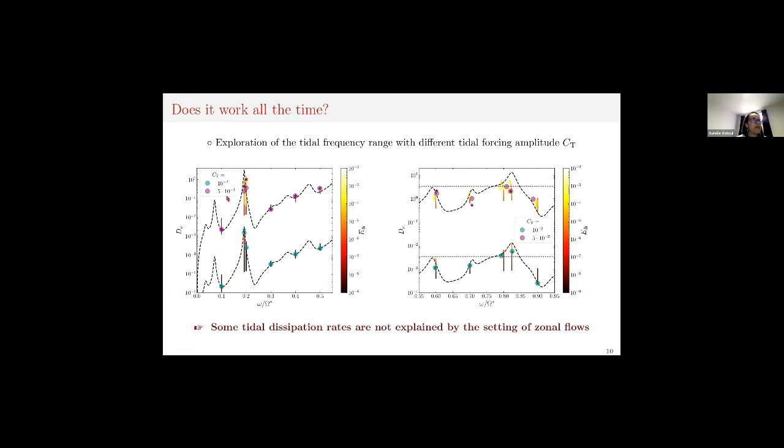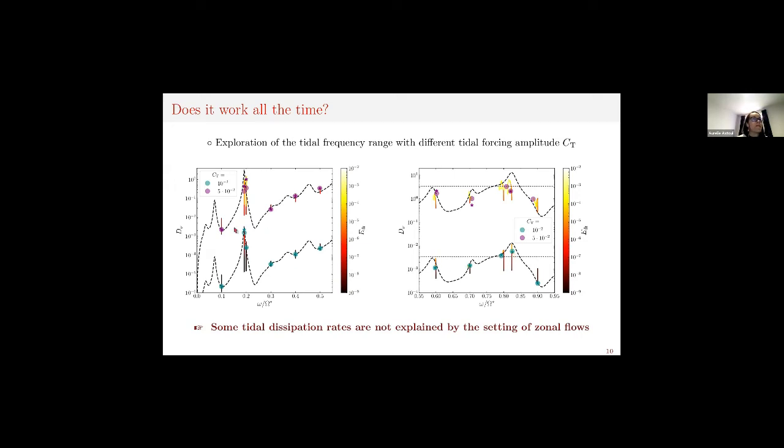And first, what we can see is that when we have a moderate or low, 10 to the minus 2, tidal amplitude forcing, so this is the bottom curve, the difference between linear and nonlinear prediction is not really important, except when we are close to a peak of dissipation, so when the dissipation is strong in the linear prediction. And in all cases, we have a good match between the nonlinear dissipation in the pale bullets and the energy injected by tides in the new linear simulation with a background shear flow.